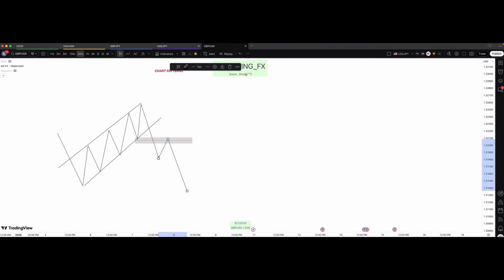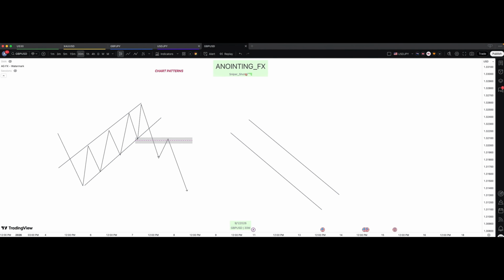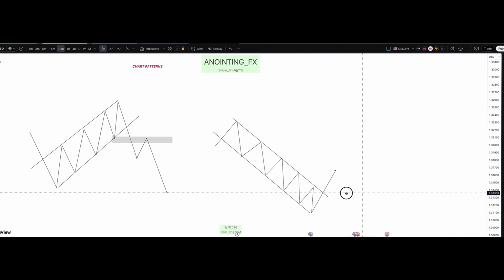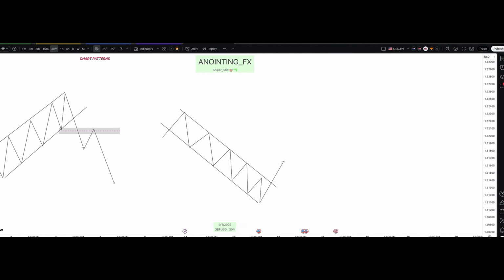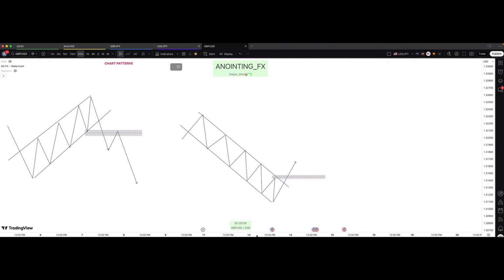So the same thing applies to that of the falling channel. Price will be trading in it, touch the support to buy, resistance to sell, like that. Then as price breaks above it, you locate the last highs, which is your neckline here, and then you look for opportunity to buy or a confirmation to buy.